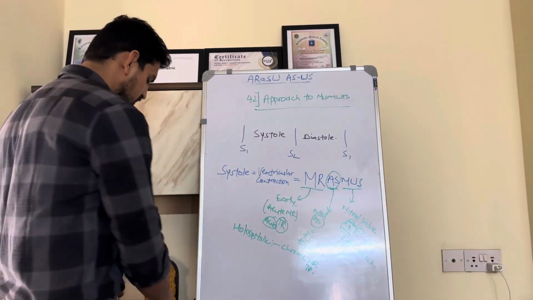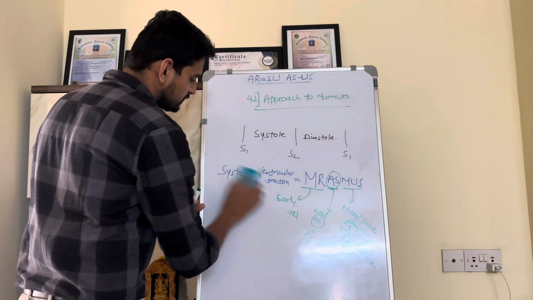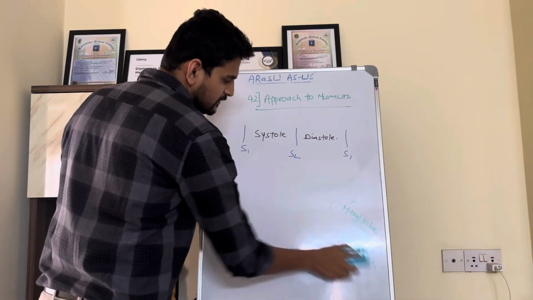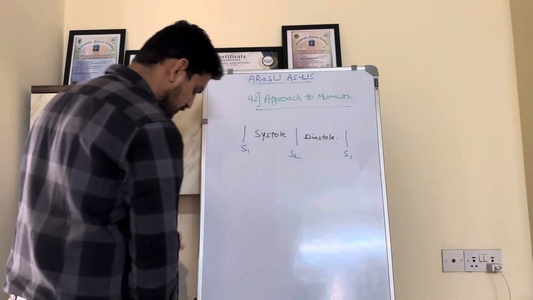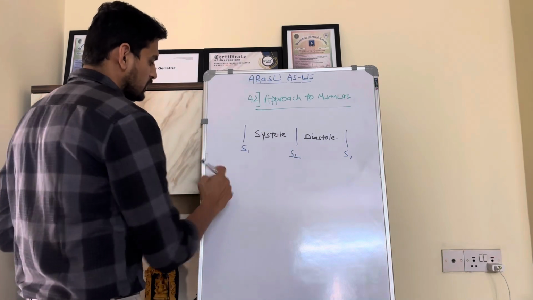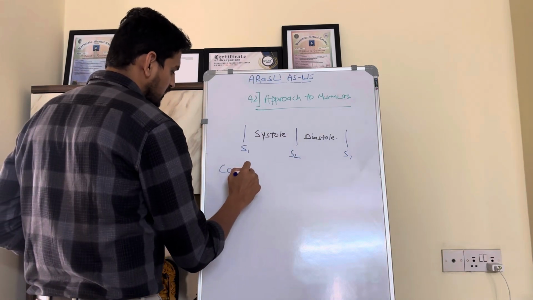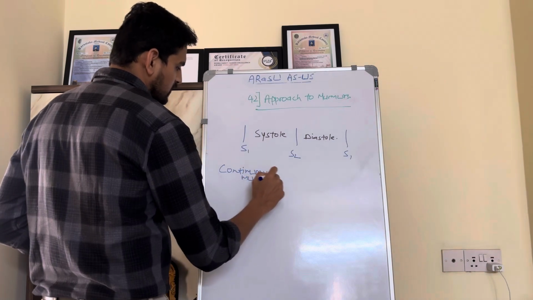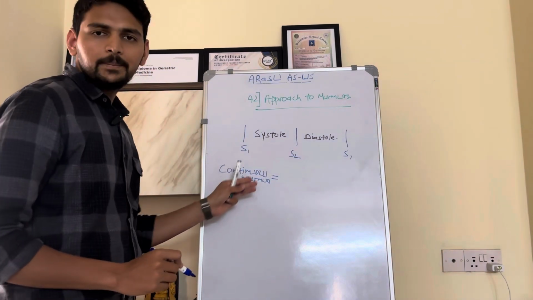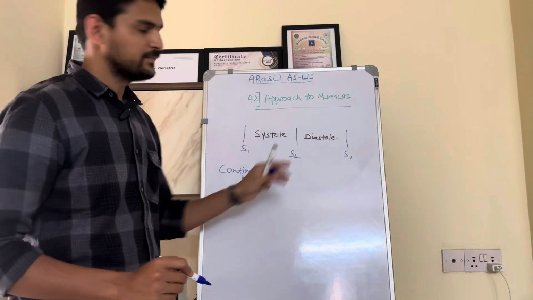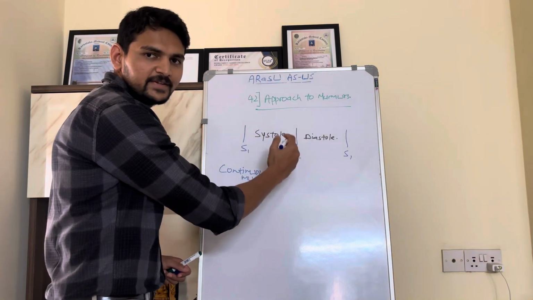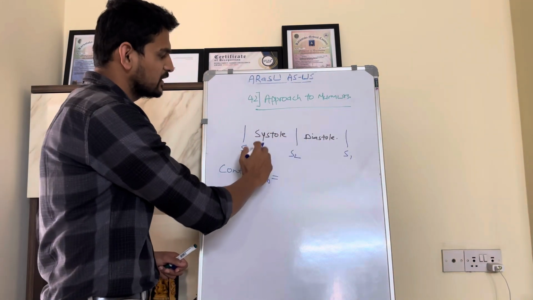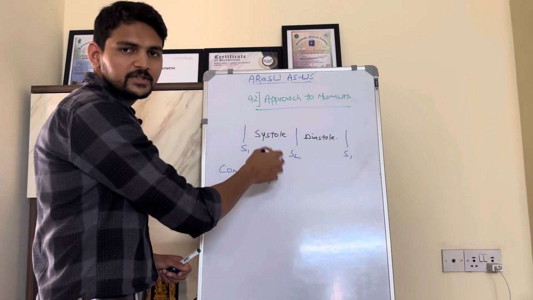Then one more type is continuous murmurs. Continuous murmurs can be physiological as well as pathological. Here, continuous murmurs mean these will occupy both systole as well as diastole. They can occupy the complete phases or part of the phases, but there will be murmur in both systole as well as diastole.